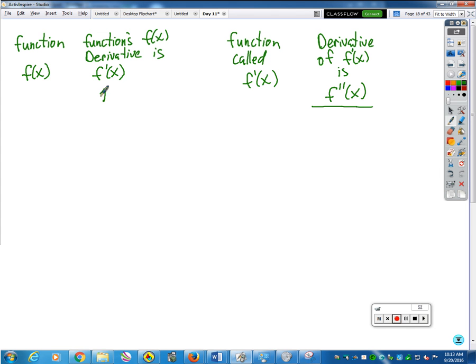Another note here, write this down. So f prime of x is called the first derivative of f of x. Write that down.